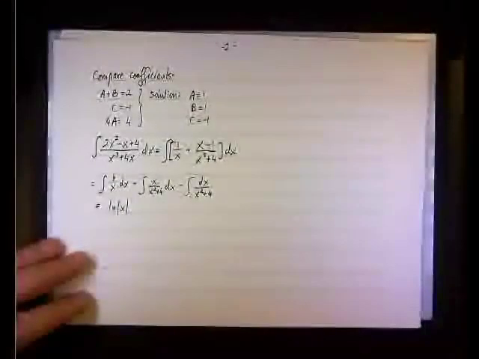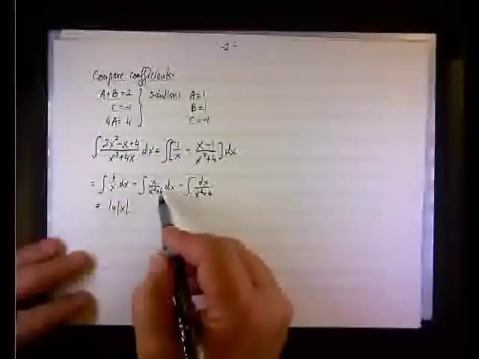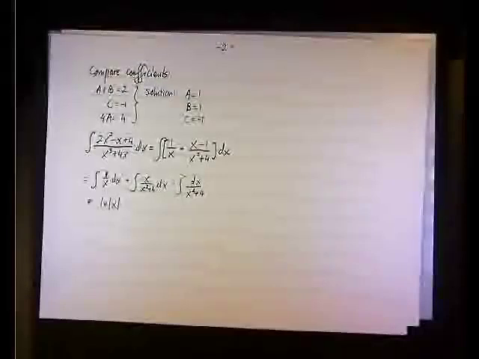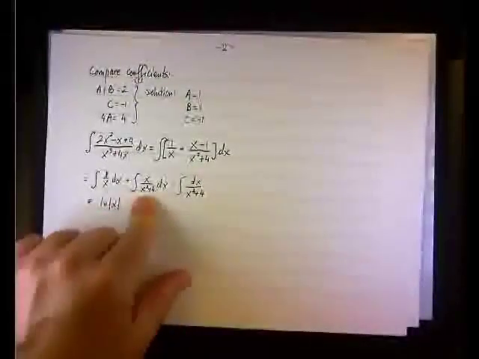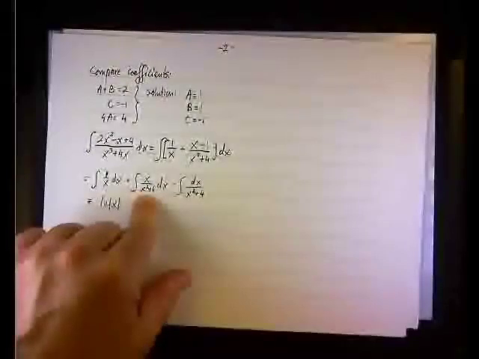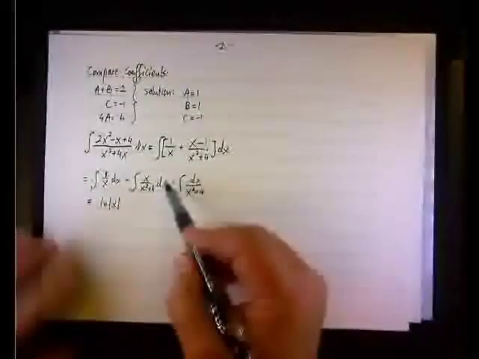We need to put it in absolute value because we don't know if x is negative or not. Now, what about the integral of x over x squared plus 4? Here we can do a mental substitution. If u equals x squared plus 4, then du equals 2x dx, and x dx equals du over 2.